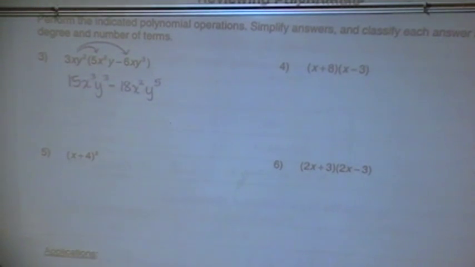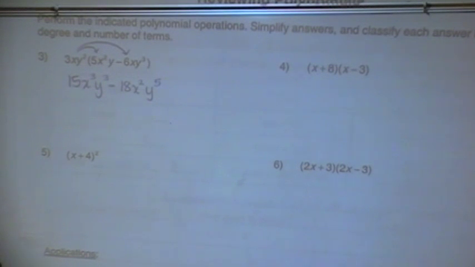Everybody okay? All right, what about number 4? What should I do? Do y'all remember? FOIL. Now, I told 6th period, I will say FOIL, but I hope you understand that foiling is just distributive property. The reason that's important is because FOIL only works with 2 binomials, F-O-I-L.